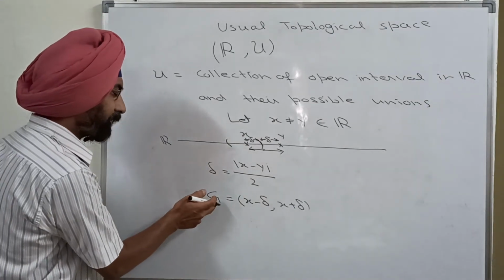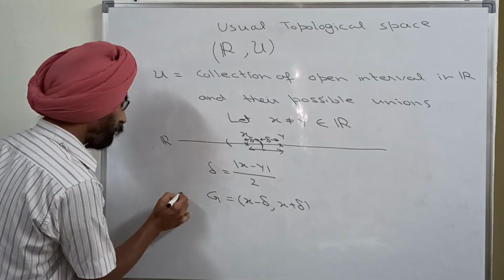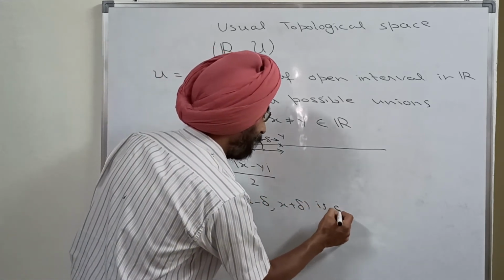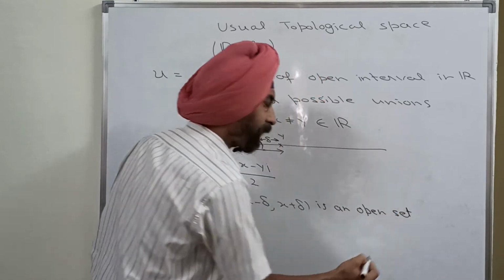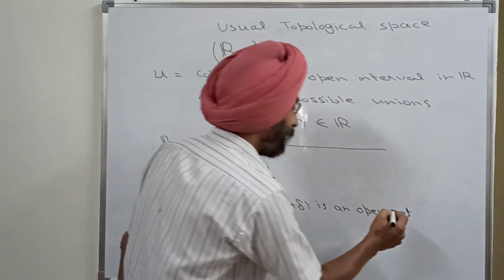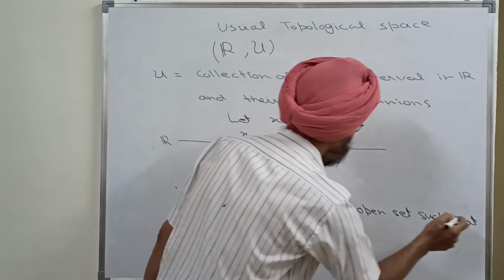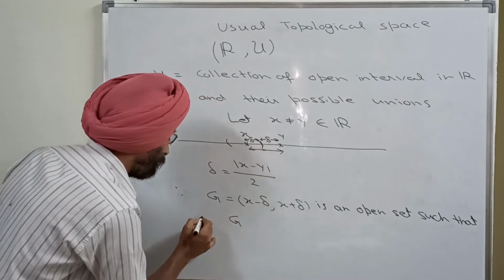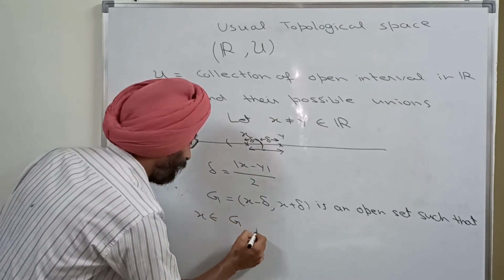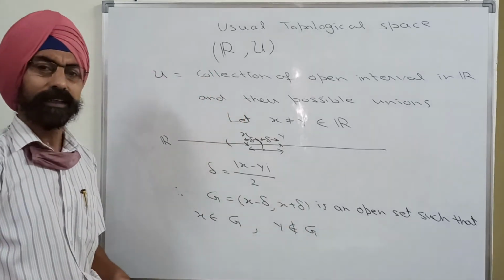So G is an open set because it is an open interval, such that this open interval G contains x and it does not contain y.